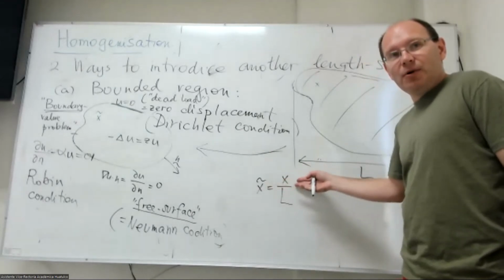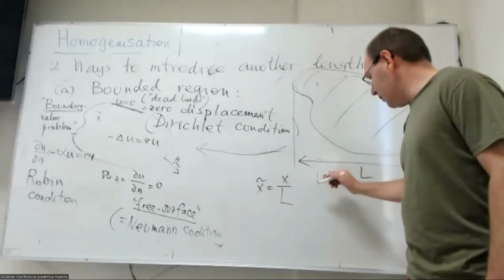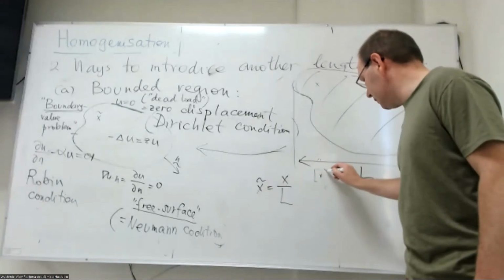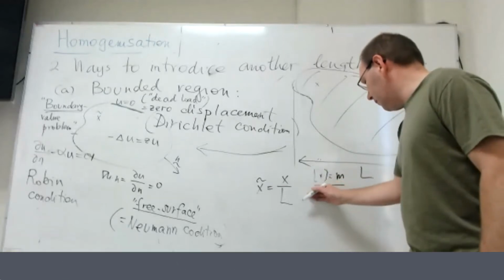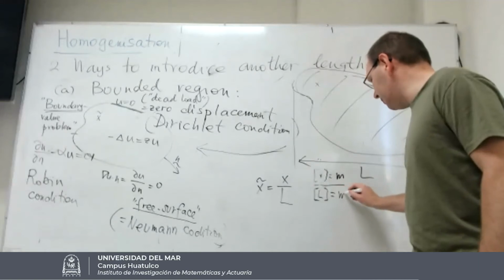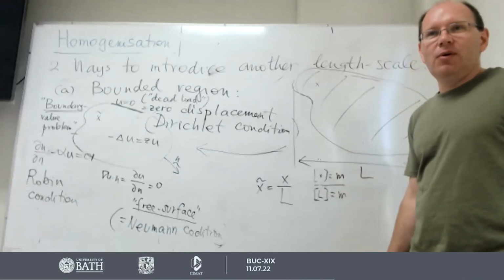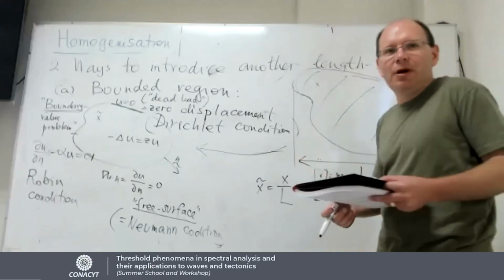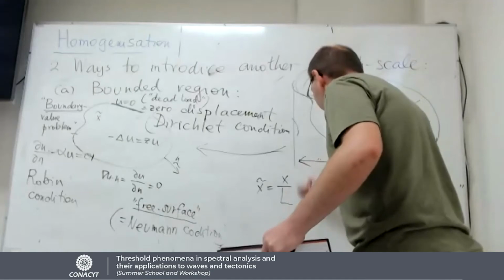I'm going to relate x, which is measured in meters, by L, which is measured in meters as well. So I'm going to get a number, not 1, 10, 100, some number. So what happens when I do this?